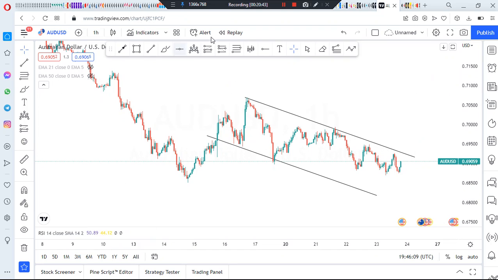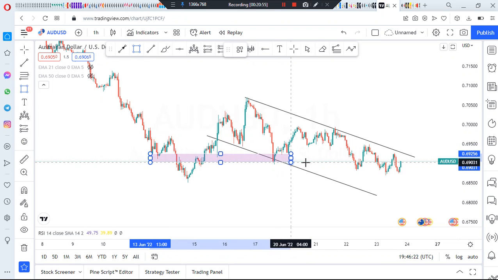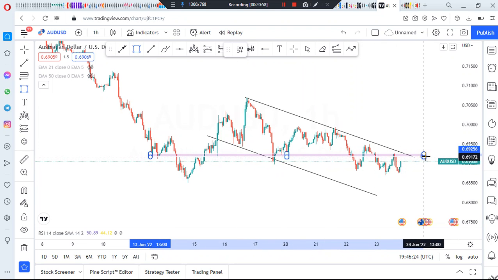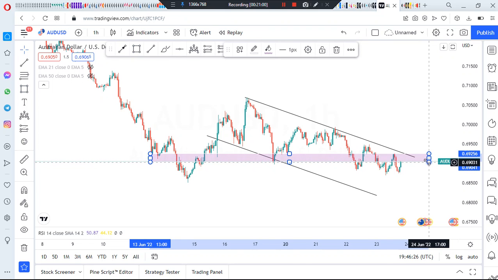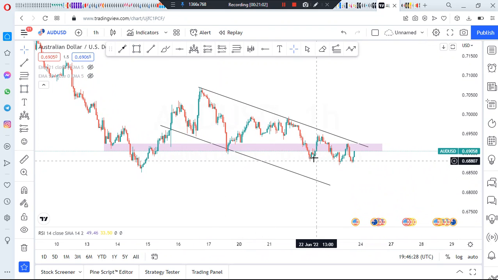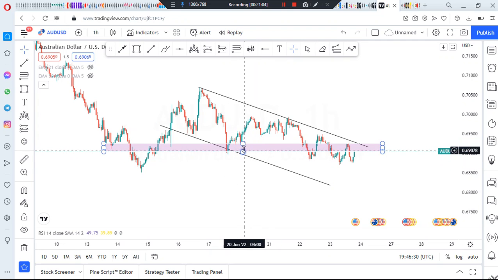So we need to identify areas that we touched many times or tested many times. We can see here we have this area right here. Why did I choose this area? If you can see on our trend, we touched this area.